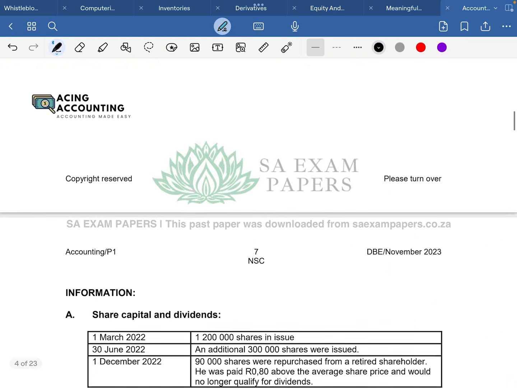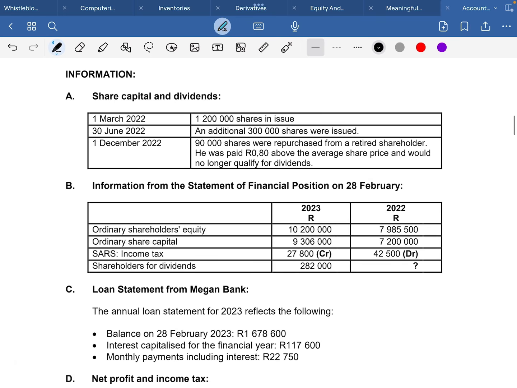Right, so let's look at our information. Information A, quickly reading throughout, we know that we have our share capital and dividends. On the 1st of March 2022, we had 1,200,000 shares in issue. And then 30 June 2022, an additional 300,000 shares were issued.